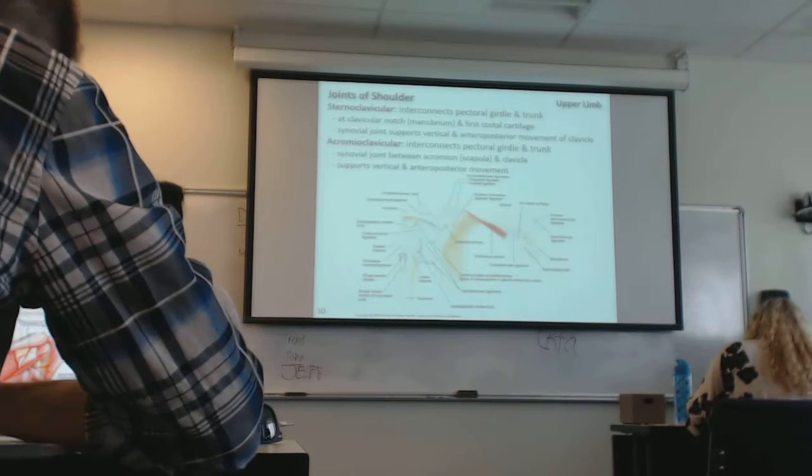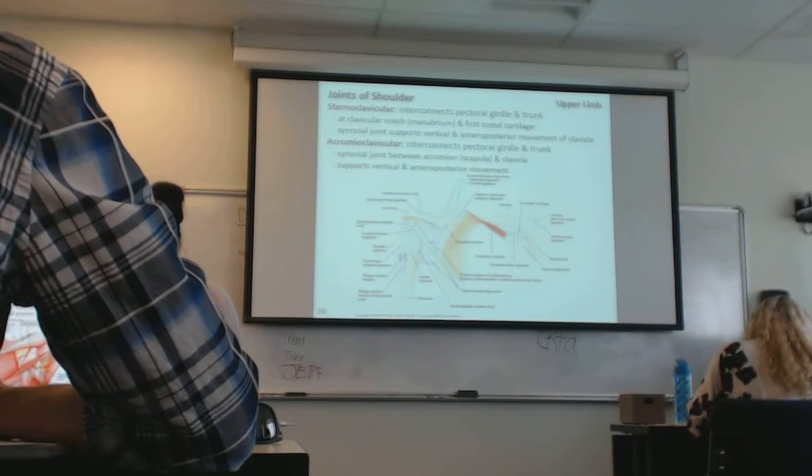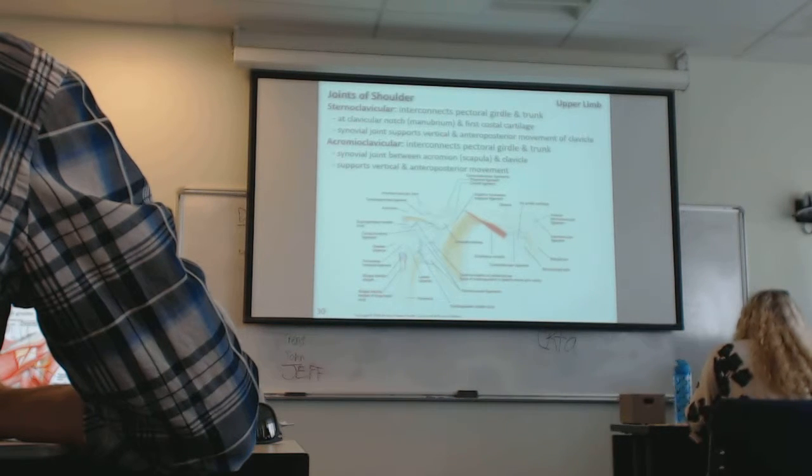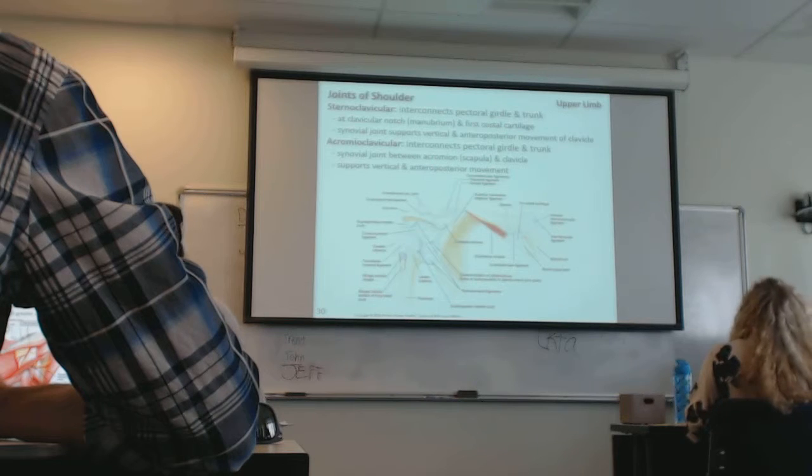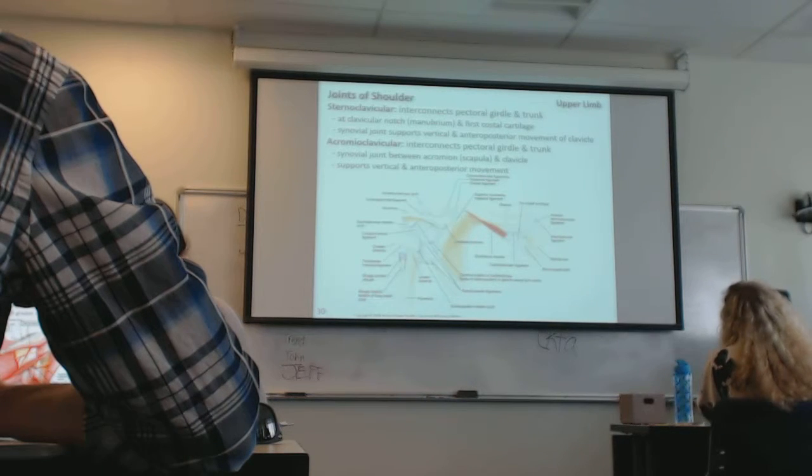All right, let's talk a little bit about the mechanical assemblage of the shoulder. Now, there are several slides here in which you have illustrations of both ligaments and tendons.